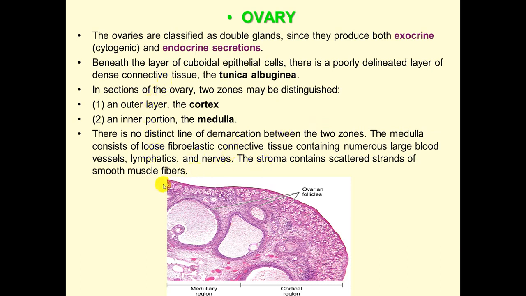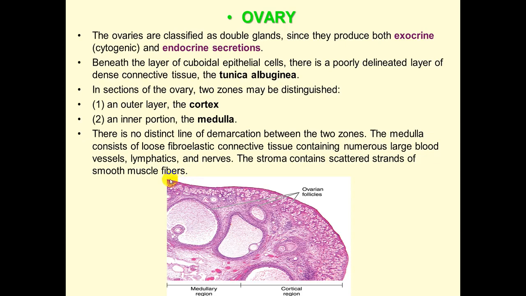Now you see the hematoxylin-eosin section of the ovary. On this section you can see that the organ is covered by a comparatively thick tunica albuginea. It is dense, irregular connective tissue which is covered by simple columnar epithelium.